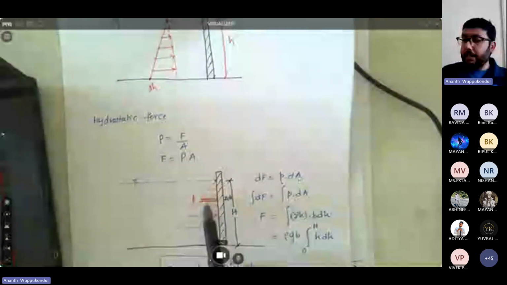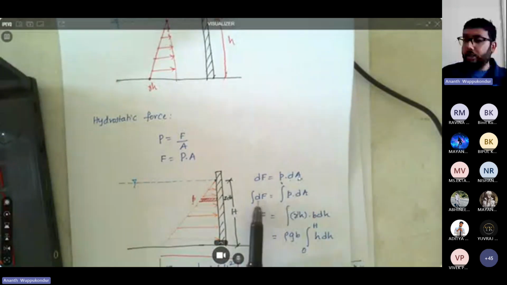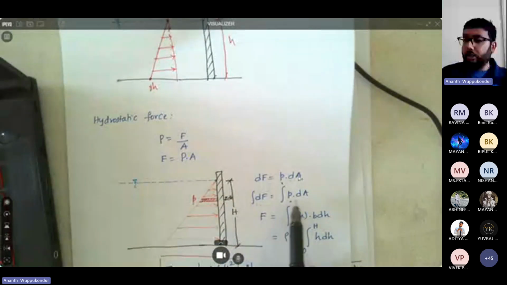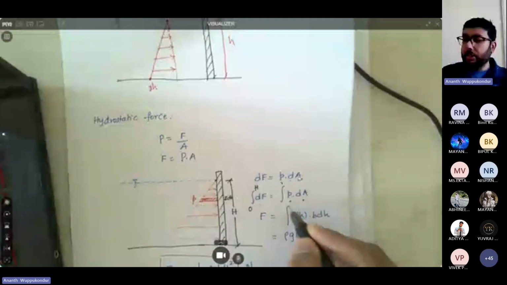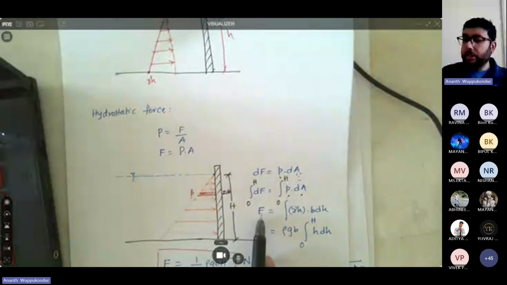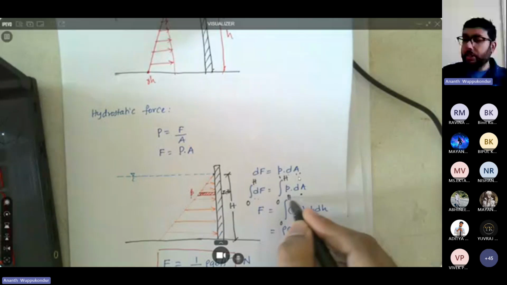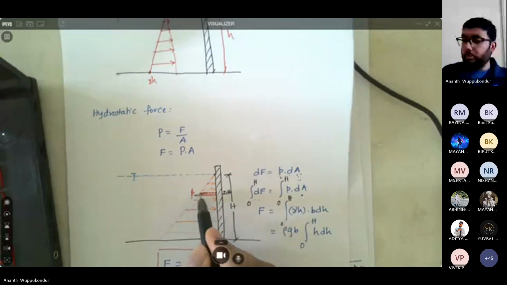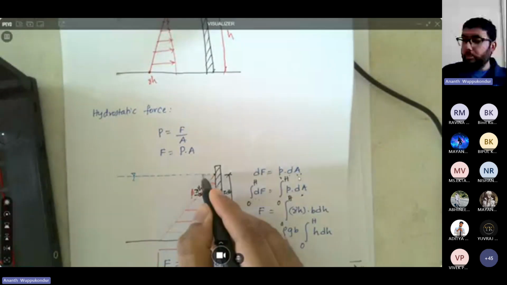Now, to get the total force acting on this gate, you just integrate dF, so you integrate the pressure multiplied by the small dA. You have to integrate between 0 to h. So your total force would be an integral from 0 to h. The pressure at this point is gamma h if you consider the depth to be h.